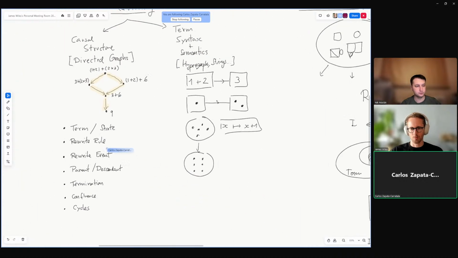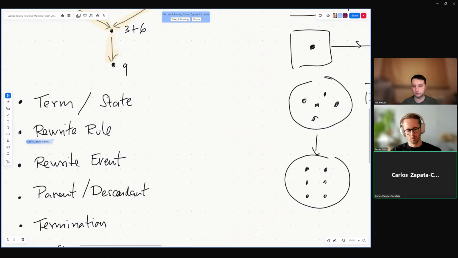So that's a rewrite rule, and that's a term and state.